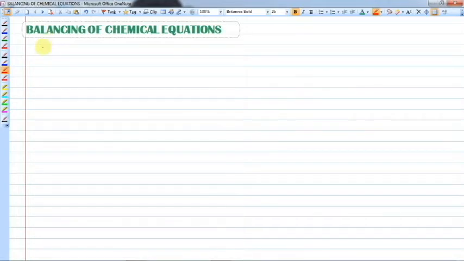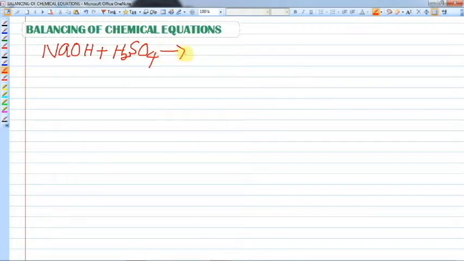The chemical equation is sodium hydroxide, NaOH, plus H2SO4, gives rise to Na2SO4 plus H2O. Okay, this is an unbalanced equation. Now we are going to balance it.